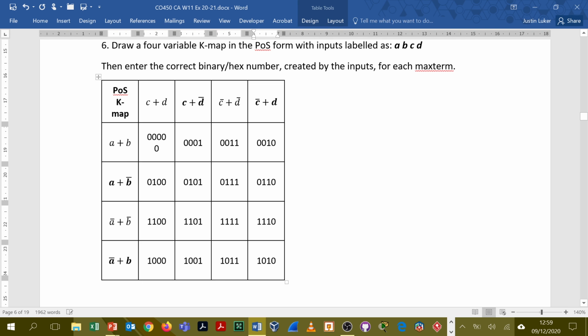Okay, and again with the hex, that's 1, 3, 2. That's 4, 5, 7, and 6.